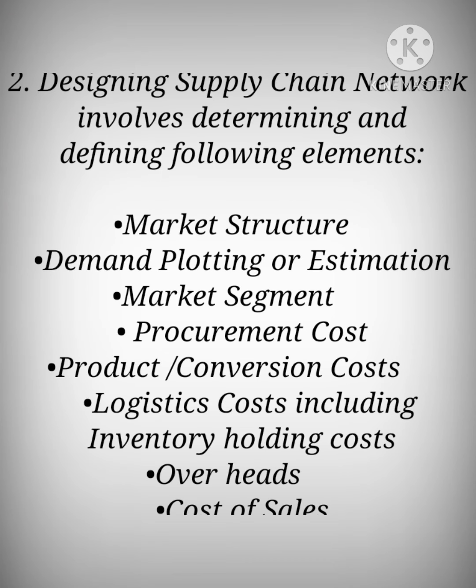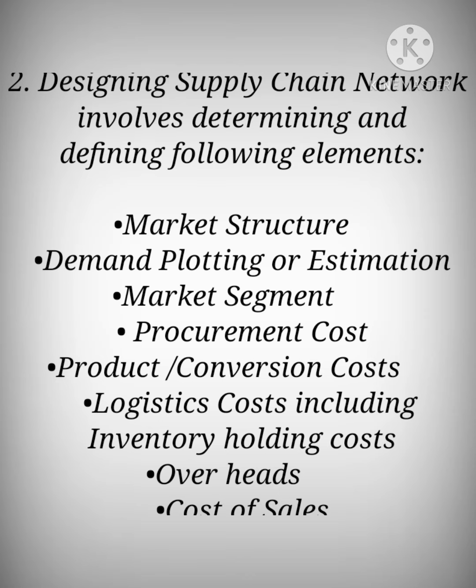So the second factor of supply chain network design is designing the supply chain network, which involves determining and refining the following elements: market structure, demand plotting or estimation, market segment, procurement cost, product and conversion cost, logistic cost including inventory holding cost, overheads, and cost of sales.